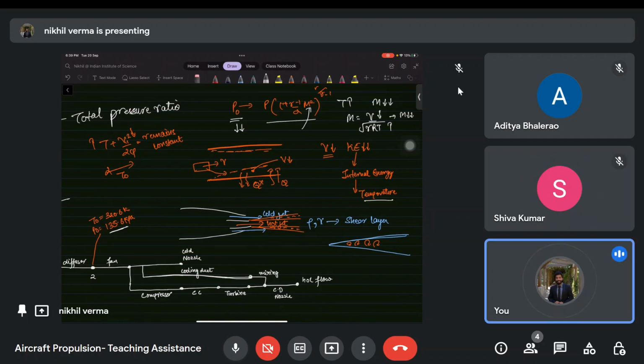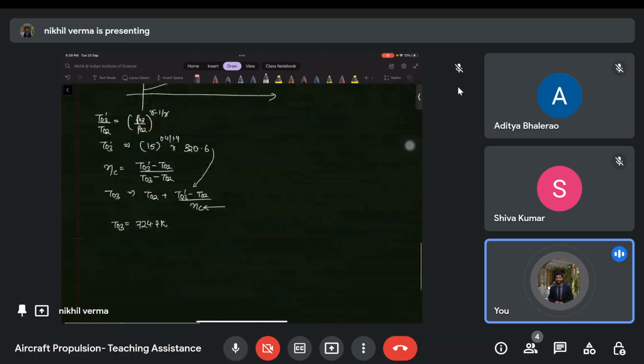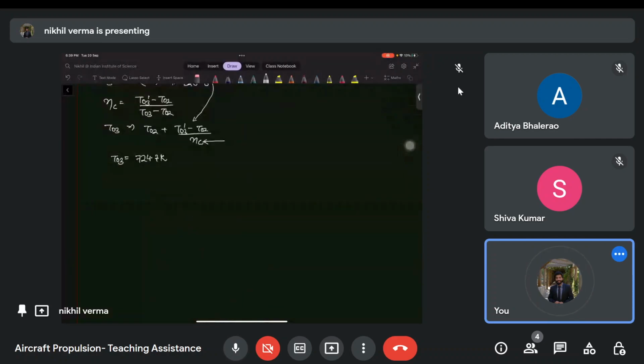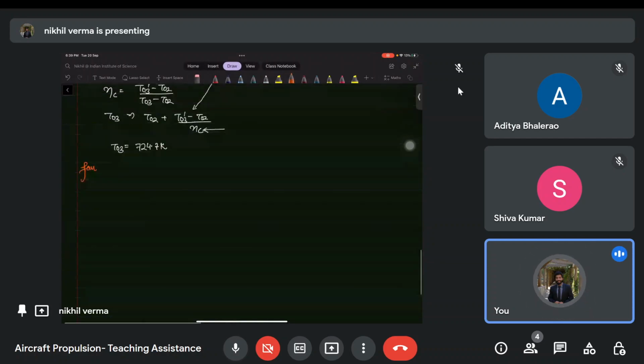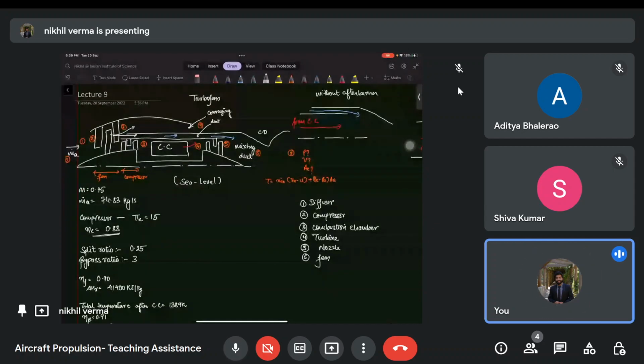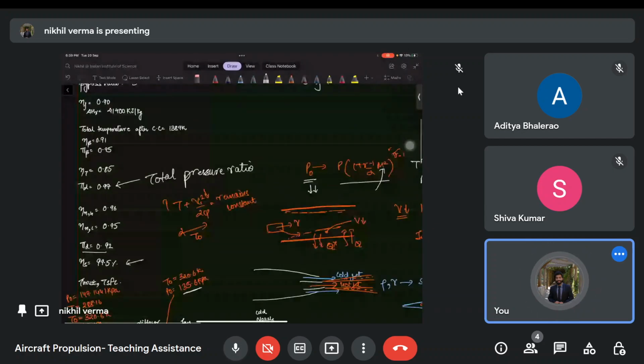Right. So let us move with the question now. After the compressor, the temperature is known. Now let us calculate what is the pressure after the fan. Now let us calculate the properties across the fan.